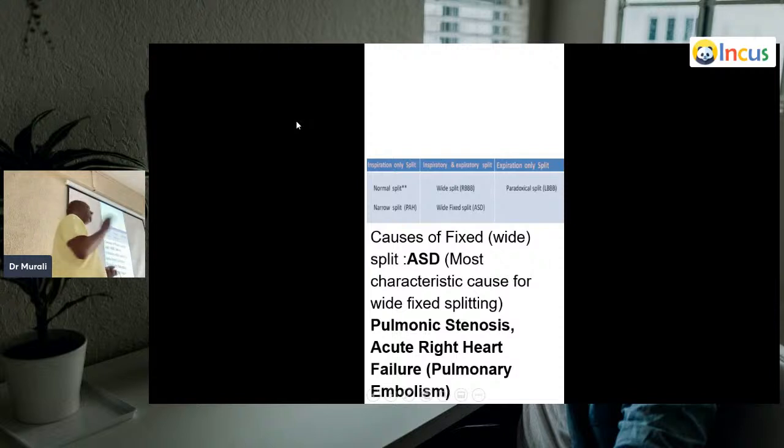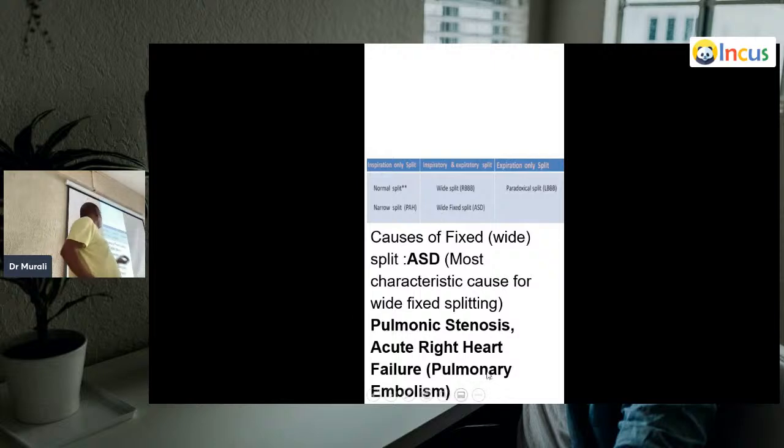Most characteristic of ASD. So if you look at the normal split, you listen to the split only during inspiration. Right? If it is a narrow split, typically there is pulmonary arterial hypertension.